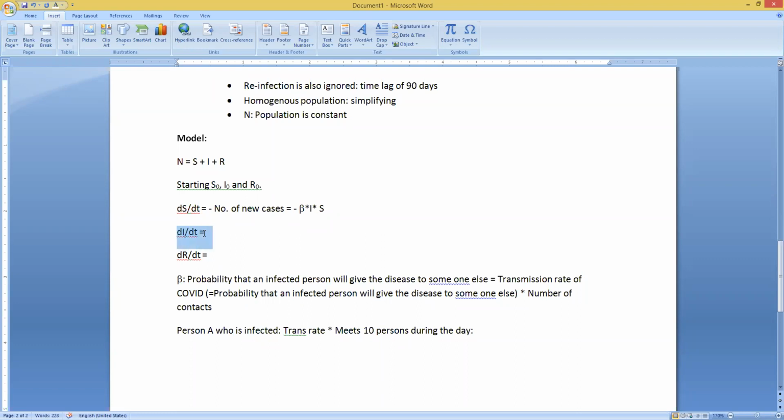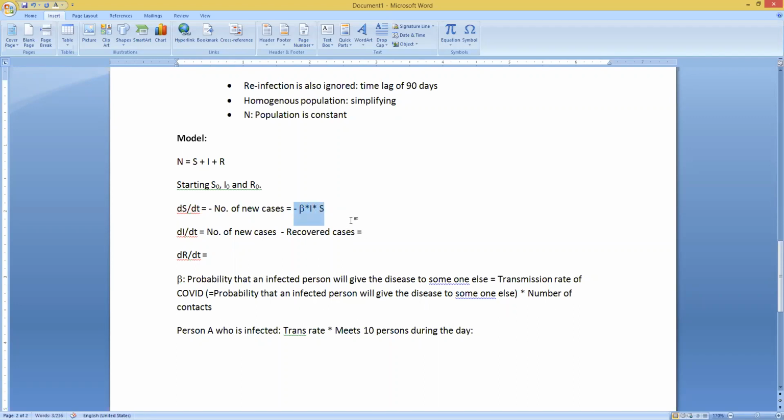How many infected, what is the growth in infected persons? It is again beta, the number of new cases. But every time period, you have recovered cases, so you have to subtract that, right?